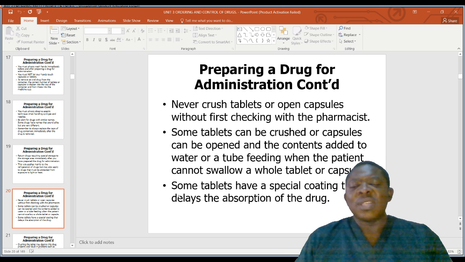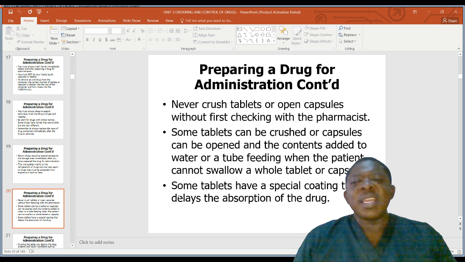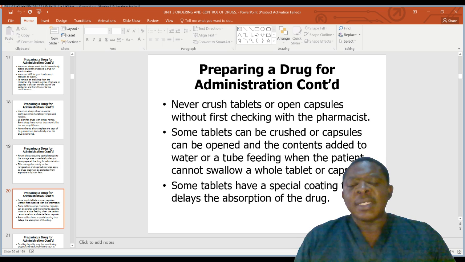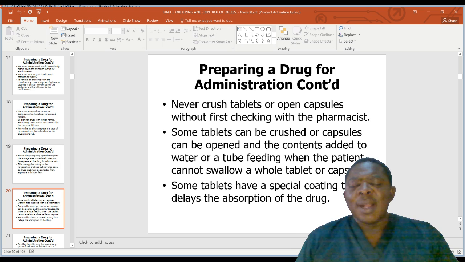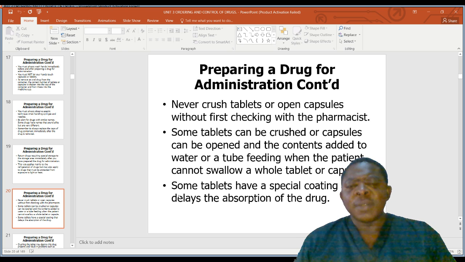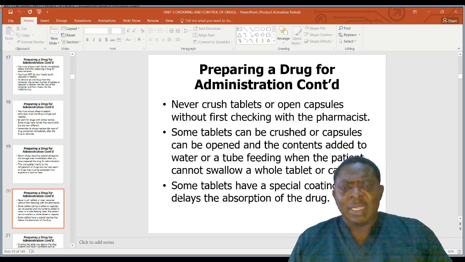There are reasons why those drugs that you can share in half or in quarter have those lines. Others are too strong, so you cannot even divide them. If you try to divide them, part of the drug might be lost. So it's important you check with the pharmacist when such a case arises.